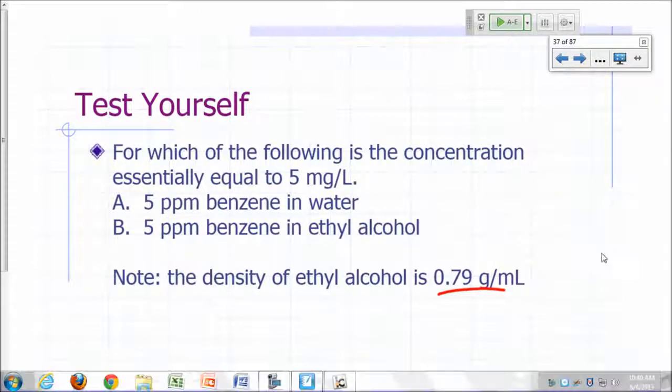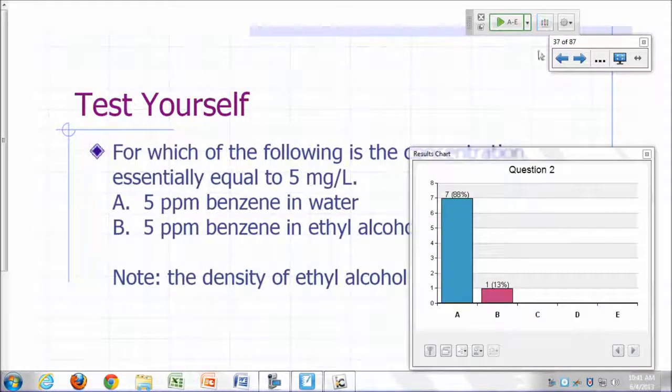Let's see if you remember. Okay, let's see. Correct answer is A. Very good.